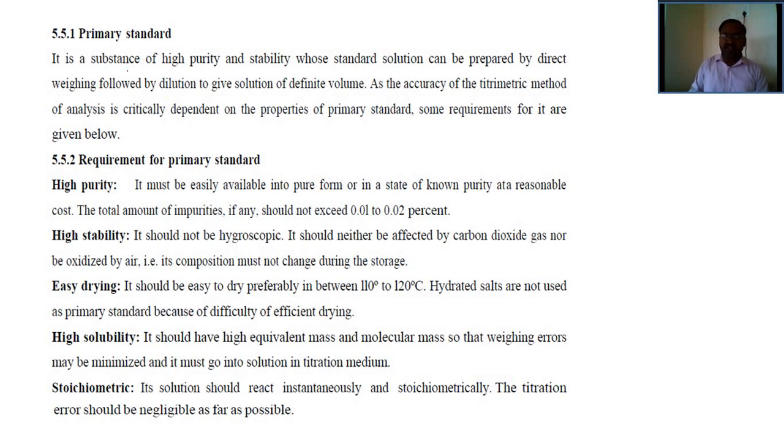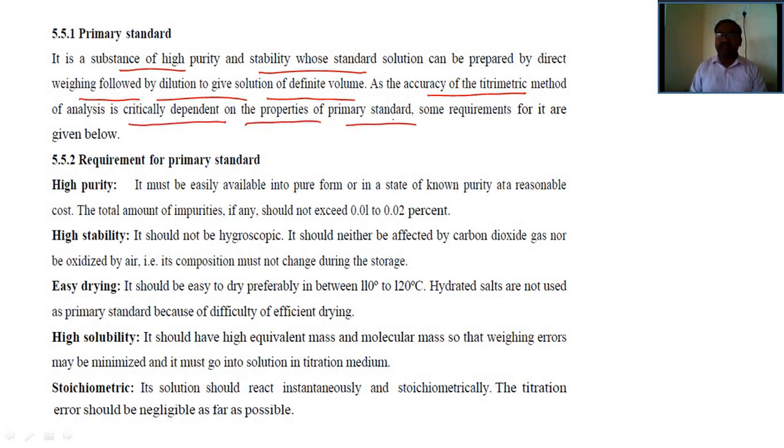The primary standard is a substance of high purity and stability, whose standard solutions can be prepared by direct weighing followed by dilution to give solutions of definite volume. The accuracy of the titrametric method of analysis is critically dependent on the properties of the primary standard.